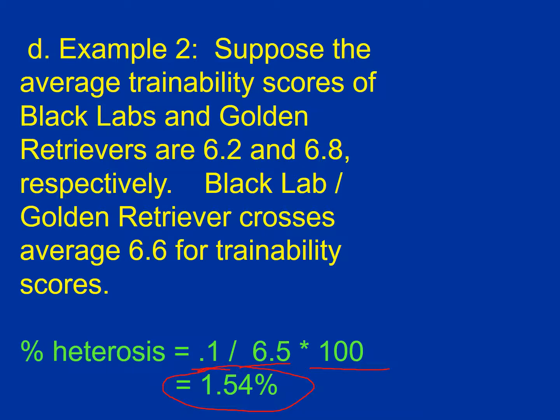So 1.5% is not very much. So we're not going to make this cross because of the advantage in trainability. Instead, we might make this cross because of the advantage of overall health of the animals rather than trainability. Very little heterosis expected for trainability.